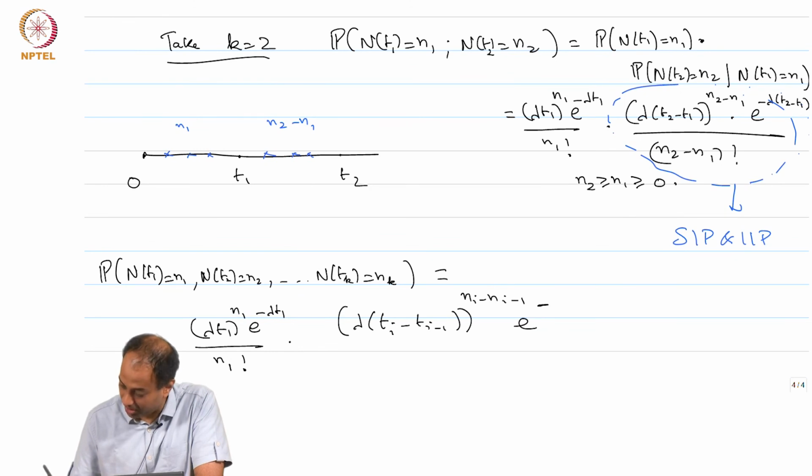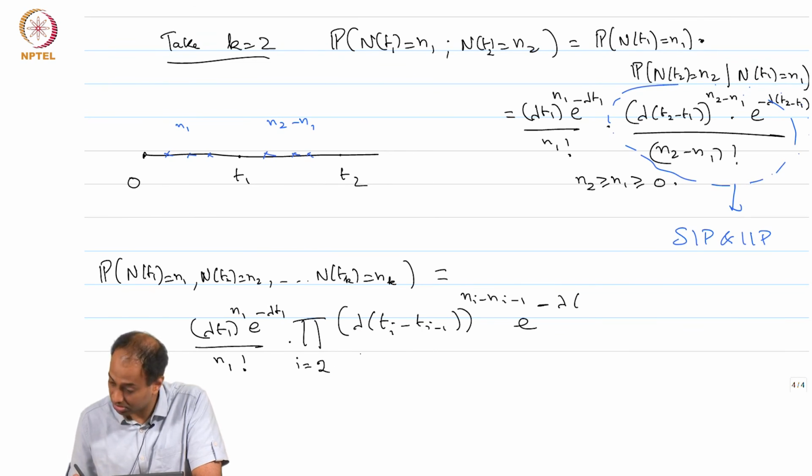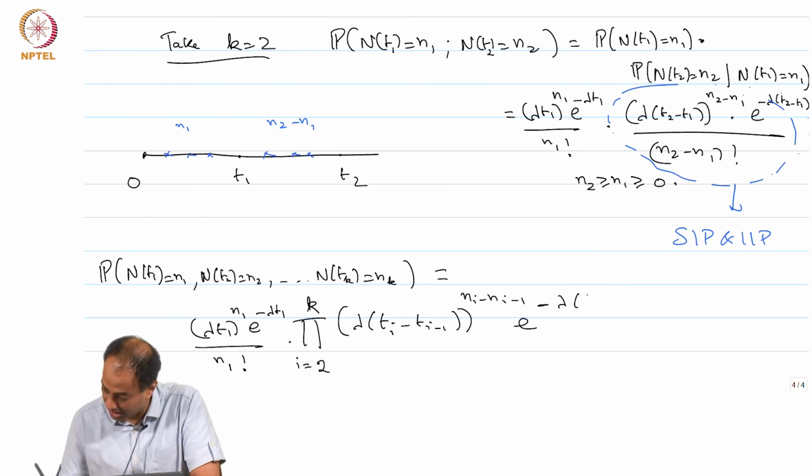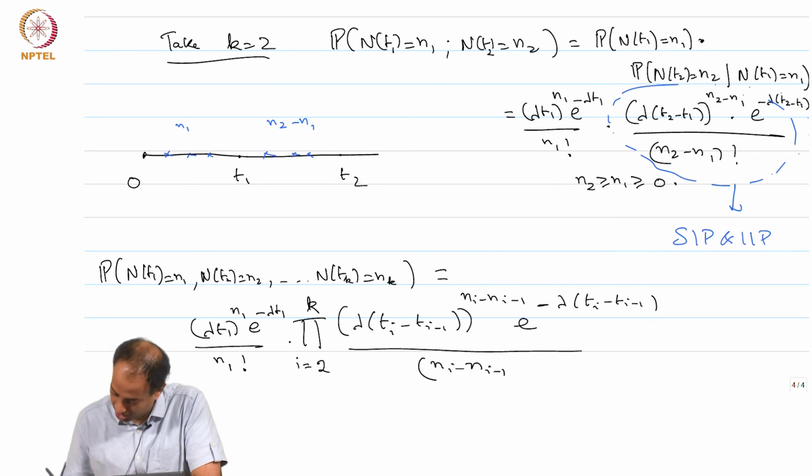I may be off by 1, let me see if this is correct. There should be a product here, i equal to 2 to k, of (lambda (Ti minus Ti minus 1)) to the (ni minus ni minus 1), times e to the minus lambda (Ti minus Ti minus 1), divided by (ni minus ni minus 1) factorial.